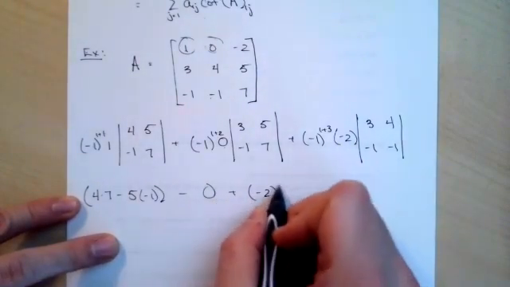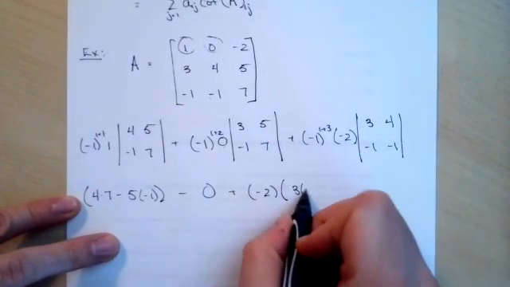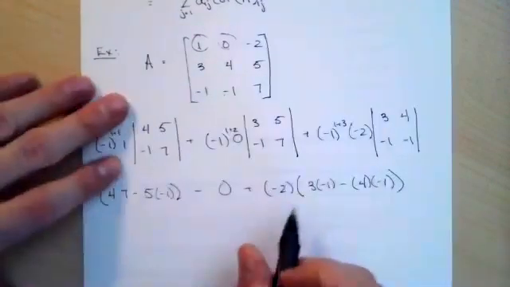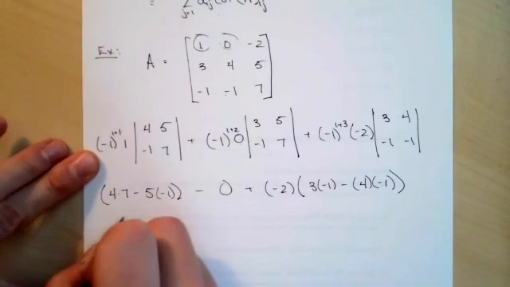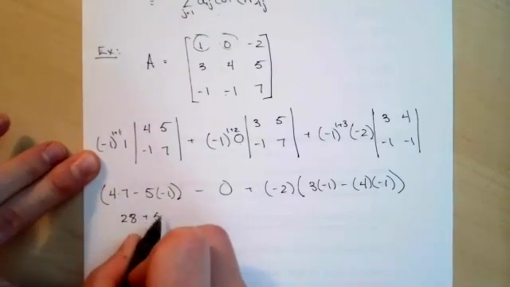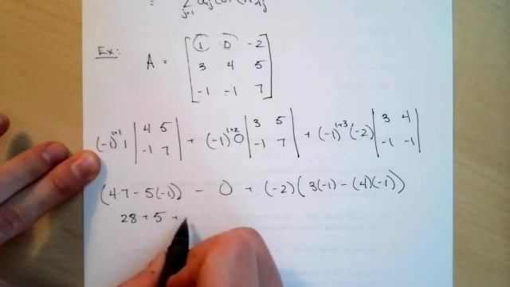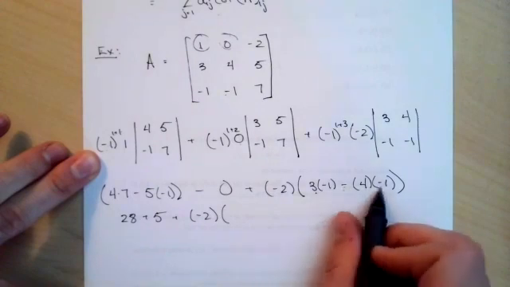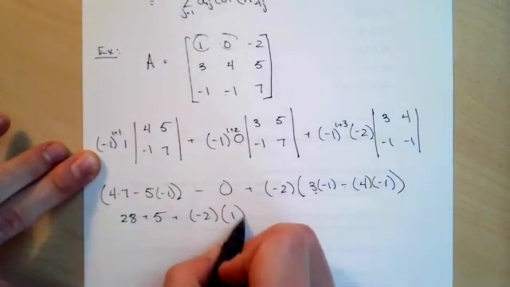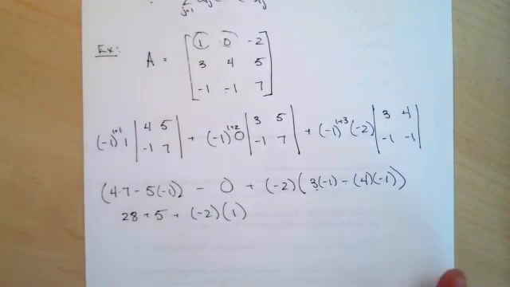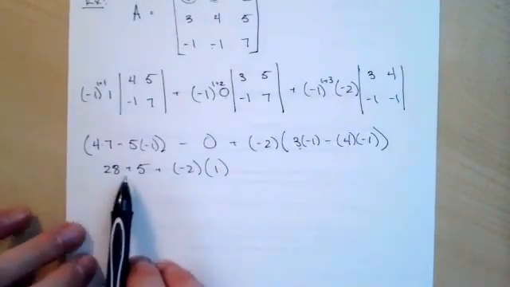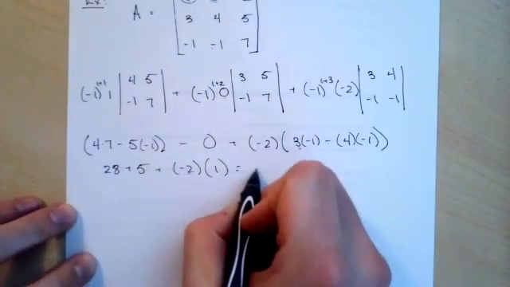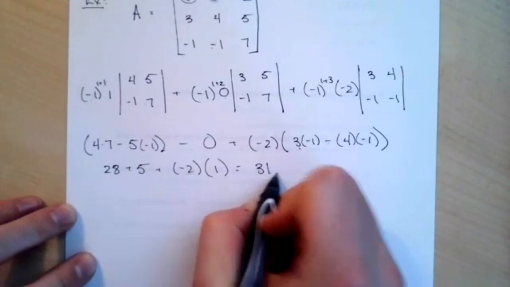We'll have negative 2 times the determinant of this guy, 3 times minus 1 minus 4 times minus 1. So be mindful of all those minus signs. We're going to have 28 plus 5. We're going to have plus, let's see, negative 2 times negative 3 plus 4. So we just get positive 1. And now all in all, what do we get? 33 minus 2 is going to be 31.